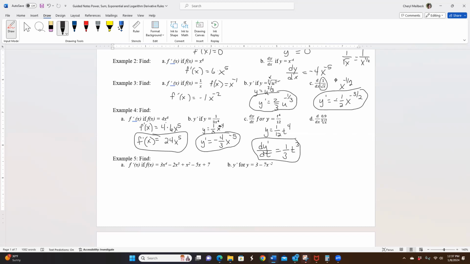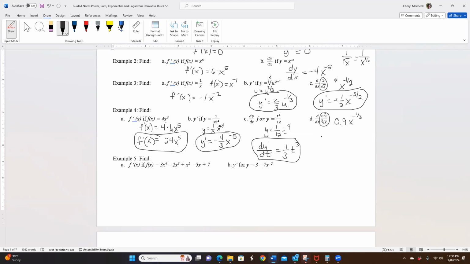In D now, we have to be careful once again. We can rewrite this expression here as 0.9x. Since this x is in the denominator, if I write it in the numerator, I have to make it negative. And since it's the cubed root, that would be to the 1/3 power.